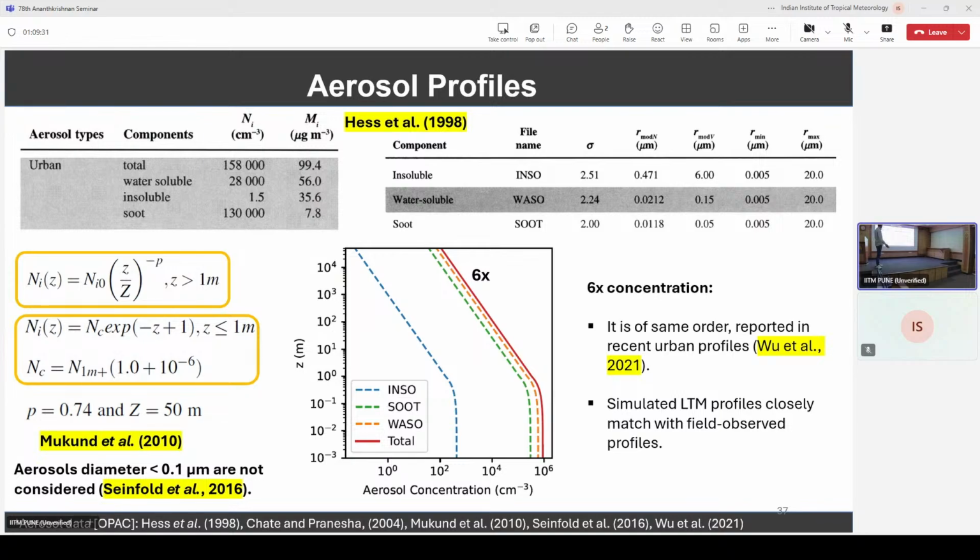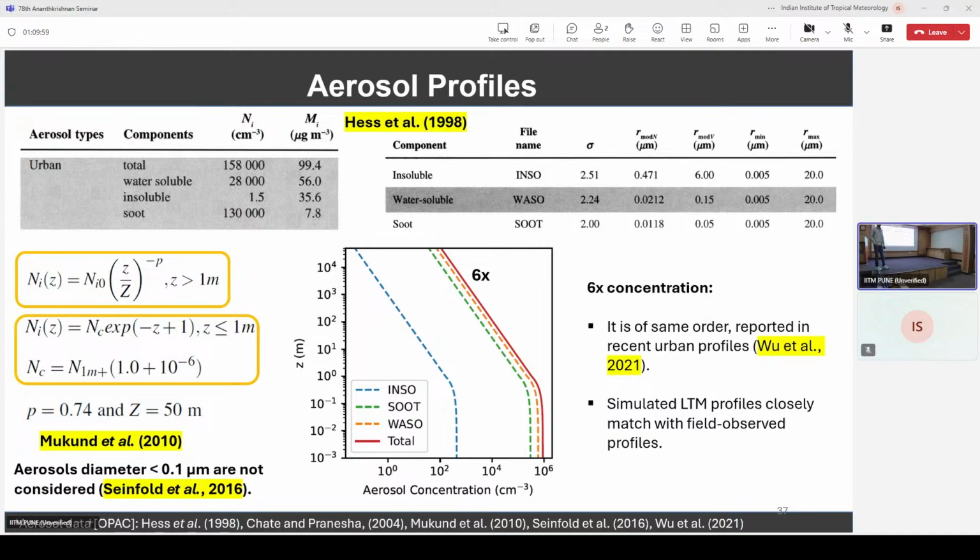And I would like to highlight that this aerosol data is taken from this particular paper, Hess et al., the OPAC database, because we do not have a direct observation. We have considered the urban profile because I assume that the runway operation emits a lot of aerosols. The optical properties are also taken from the OPAC database, Hess et al. They have extensive data sets.